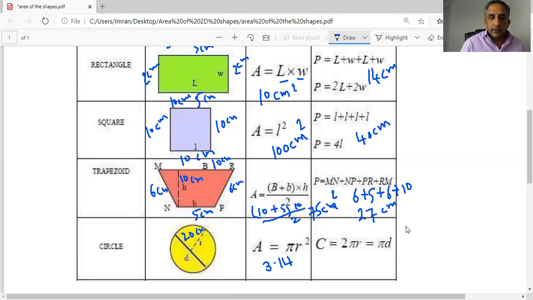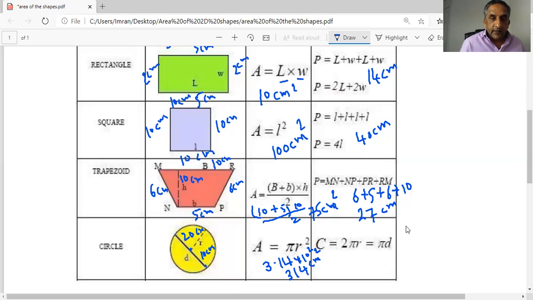So the distance from the center of the circle to the side will be 10 centimeter because half of 20 is 10. So pi r square means it will be 10 square, right? So 10 square means 100. 100 times 3.14 is 314. So this will be the area of the circle, 314 centimeter square.